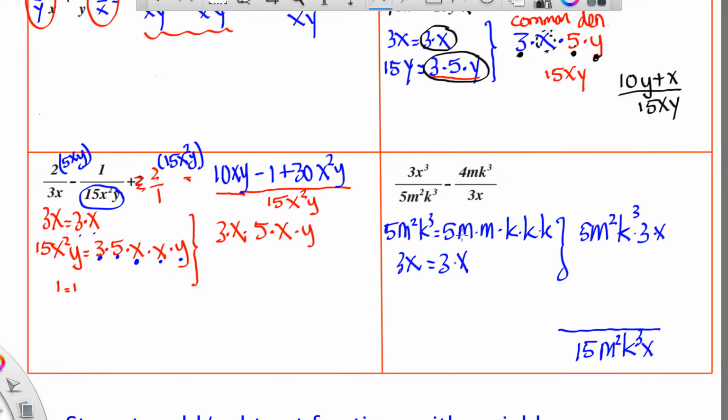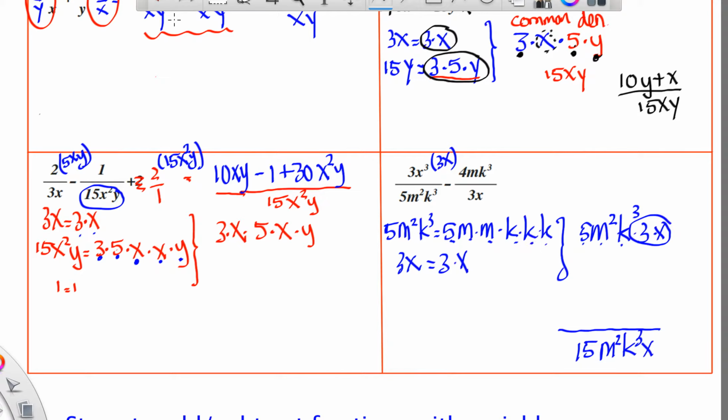All right, so what do we have? The first one has a 5. Got that, got that. I need an m squared. I already have that. And I need a k cubed, so I have those 3. So you need to multiply by 3x in the top. Now, it doesn't matter at all what the numerator already has. The fact that it has a 3 and an x cubed has nothing to do with creating the common denominator.